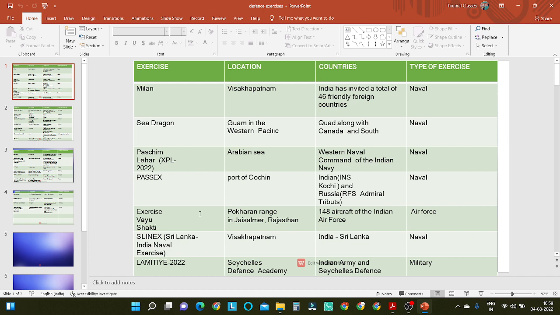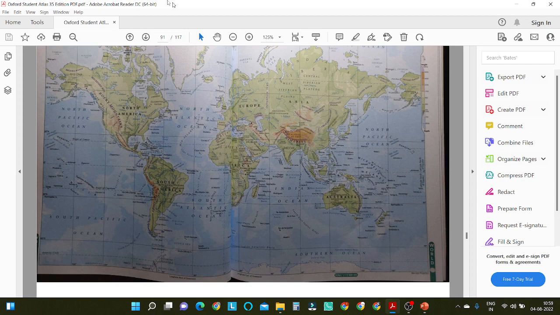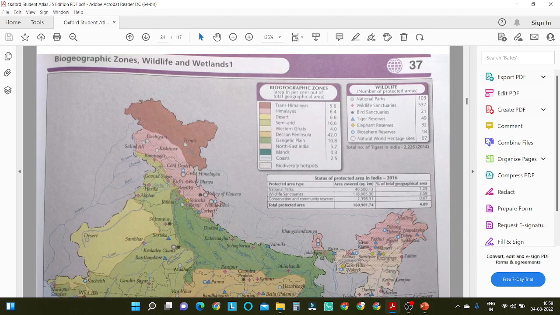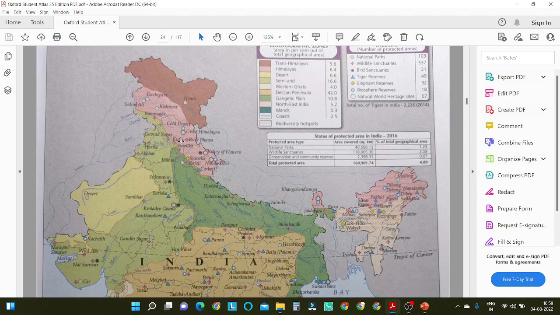Now looking at exercise Vayu Shakti, it is an Air Force exercise taking place in Pokhran in Rajasthan. Now locate Pokhran in Rajasthan. The pinpoint location of Rajasthan is not necessary, the pinpoint location of Pokhran is not necessary. Just know that it is taking place in Rajasthan.